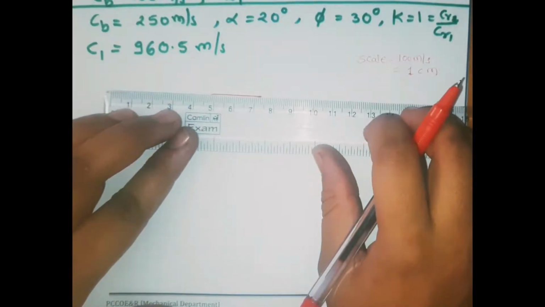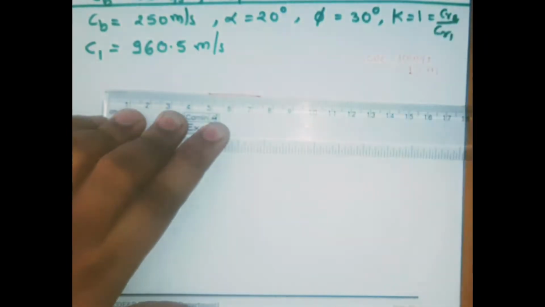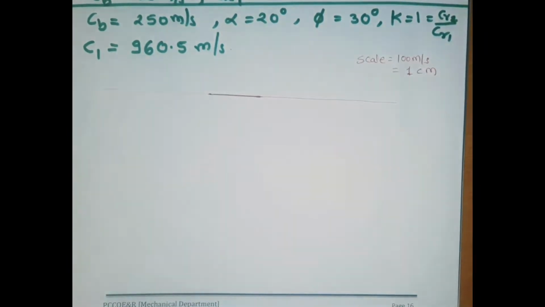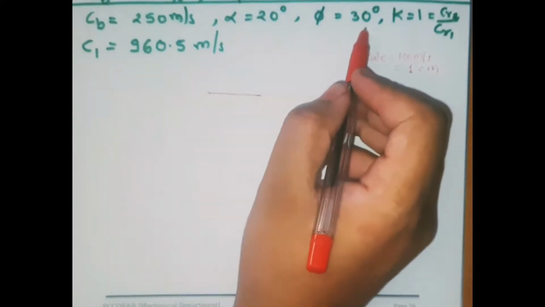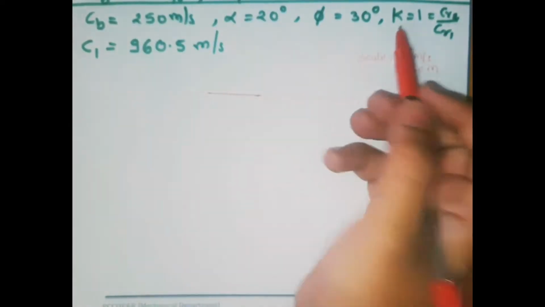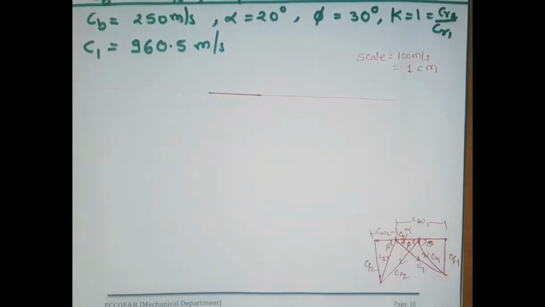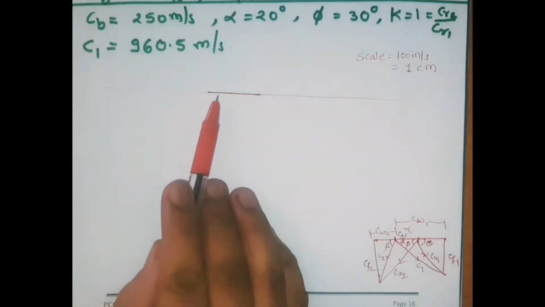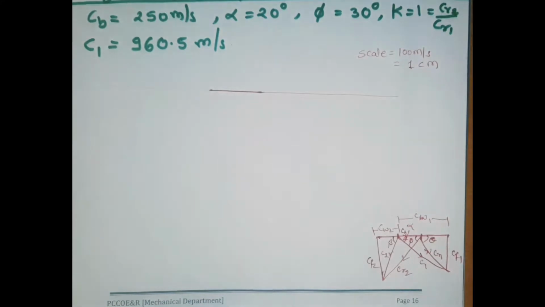Let me extend it for CW. Now alpha is 20 degree and phi is 30 degree. If we recall the combined velocity triangle, it is something like this. So this will help to get the actual diagram. Now we have drawn the CB with the given scale.